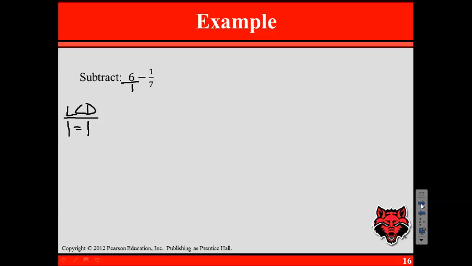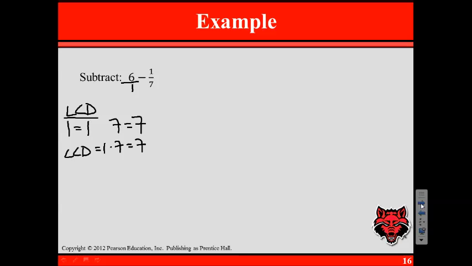We do the same thing with 7. 7 is prime, so 7 represents its own prime factorization. And anytime we have two prime numbers, or if 1 is one of the numbers that we're dealing with, we multiply those two numbers together, and the LCD will equal 1 times 7, or 7.